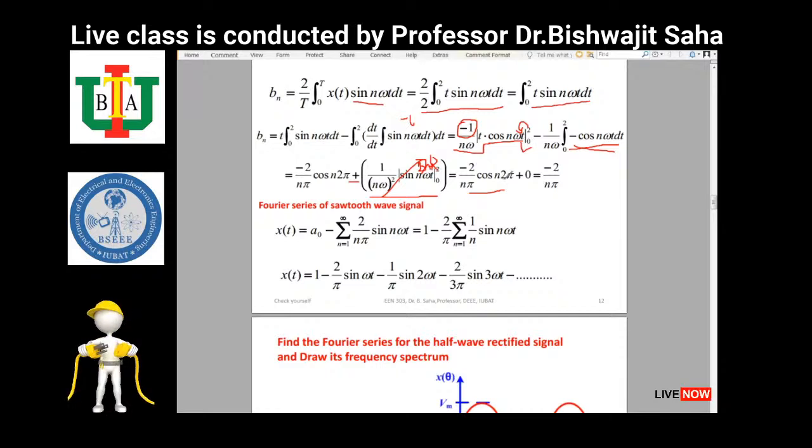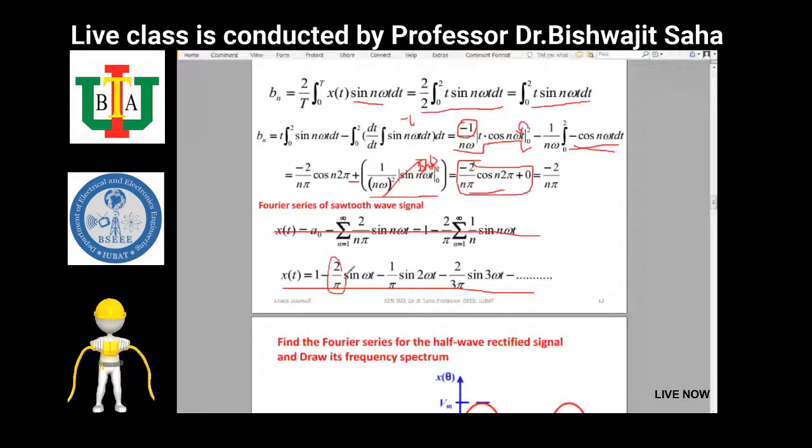This is the series of this sawtooth wave: A0 minus summation of n equals 1 to infinity, 2 divided by n pi, sine n omega t. This one will be very easy for you. For n equals 1, since there is a minus sign, minus 2 by n pi, you can write B1 sine omega t, minus 1 by pi.